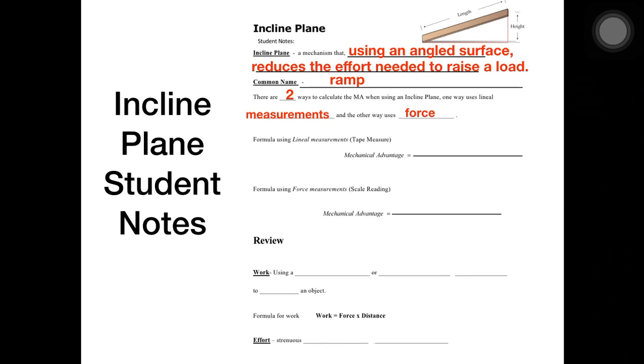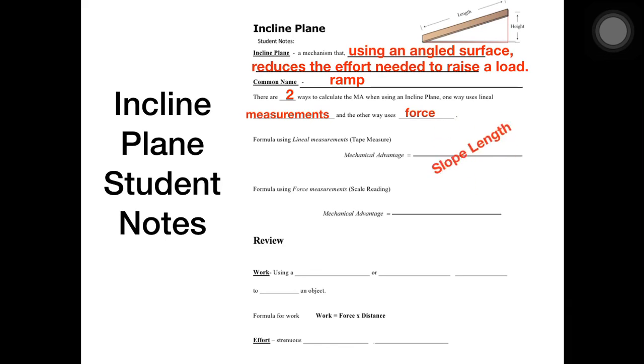Using force, just like we have used throughout the class, mechanical advantage equals force out divided by force in. So that's the one way, and measurements is the other way. The next thing says formula using lineal measurements, and that's just using a tape measure to measure.